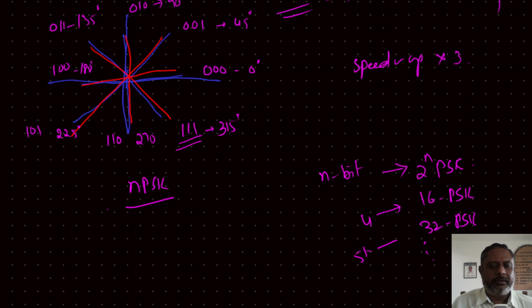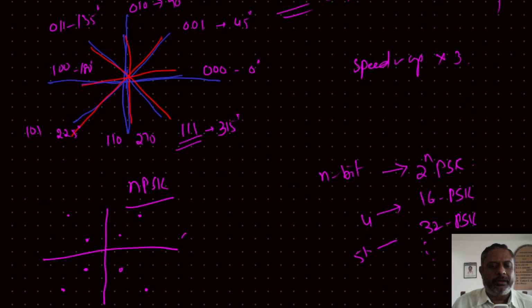So we can think of QPSK and attached with amplitude also. So there can be 4 phases, and also you can have 4. So these 4 with a smaller amplitude, these 4 with a larger amplitude.